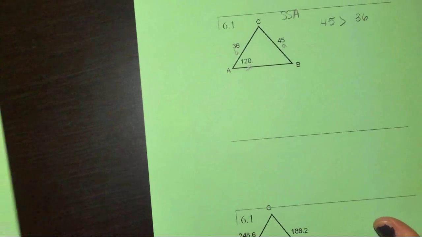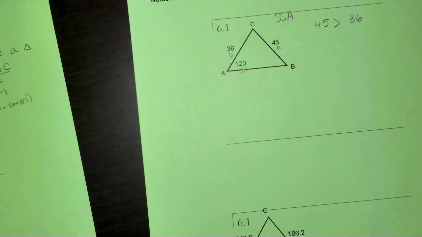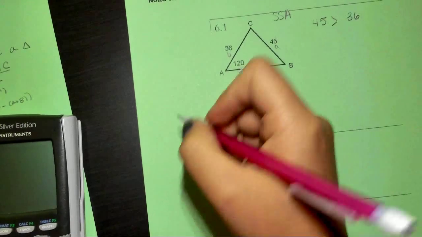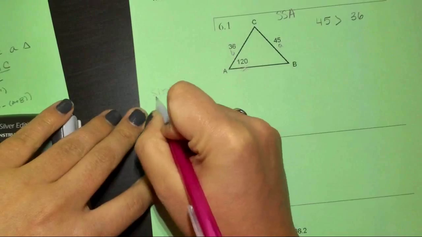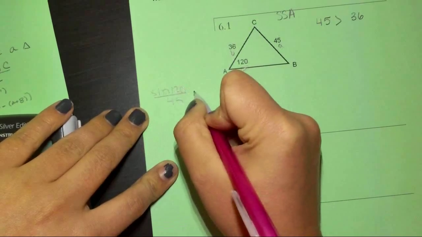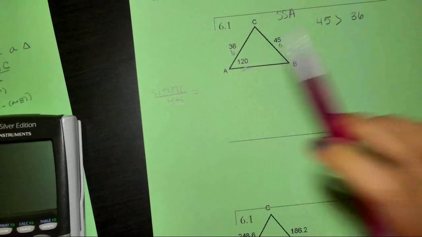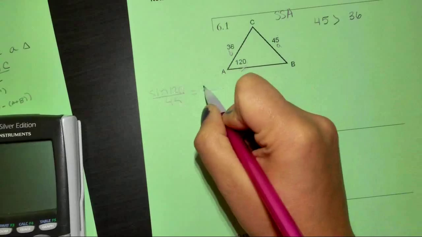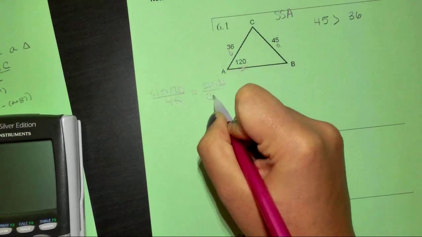So let's use the law of sines. We have an angle and a side pair. So the sine of 120 over 45 is going to be equal to, we only have one other piece of information, which is side B, so we're going to write the sine of B over 36.